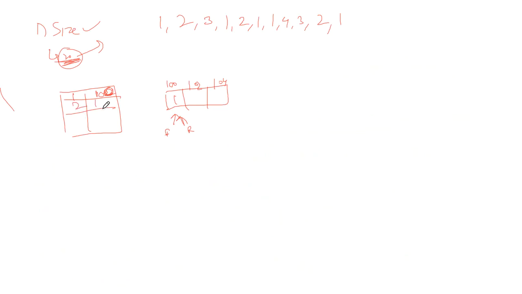Now 2 comes, you are saying add it here, 102. 3 comes, you are saying add here. Now 1 comes, you say go to here and you get it, order 1, awesome. 2 comes, go to here, then here, and give 2, awesome. 1 comes, go to here, you found this, then you went here, you got 1, awesome.